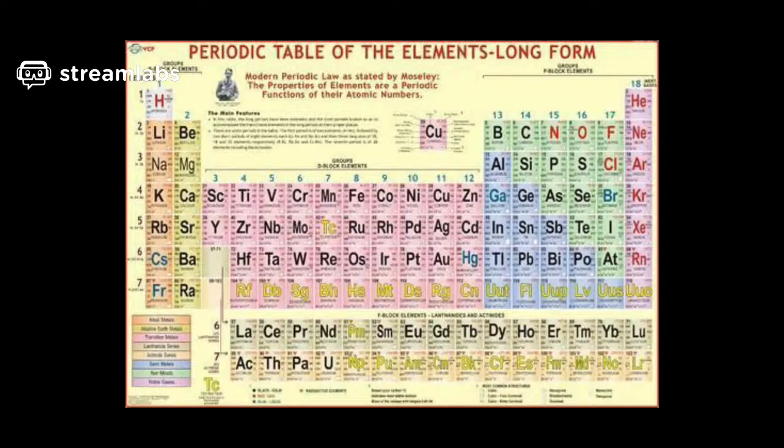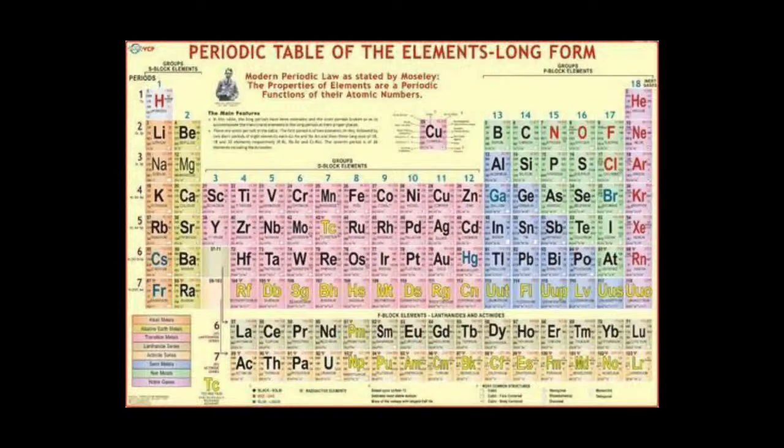They were kept separately because lanthanides and actinides show similar properties along the row, not along the column. Hence, they were kept separately.